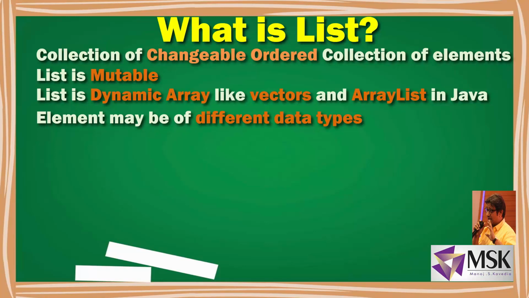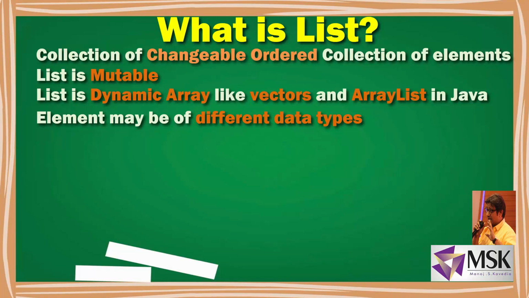They may be of same data type or they may be of different data types also, means my element can be integer, my element can be float, my element can be string and even object as well. So lists are mutable, means they can be altered and they can be changed once it is being created. It is not like a string that is immutable.